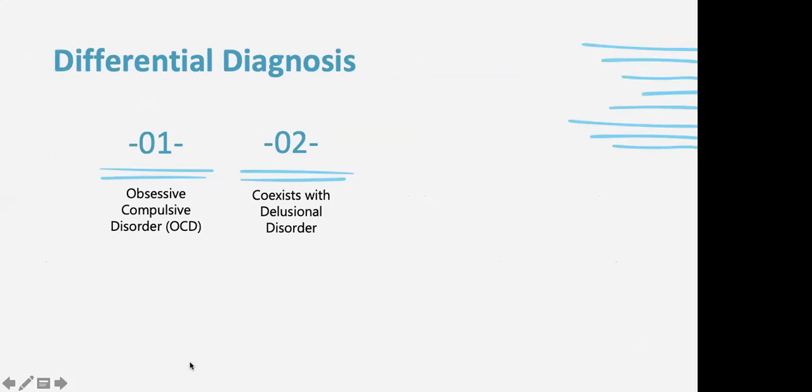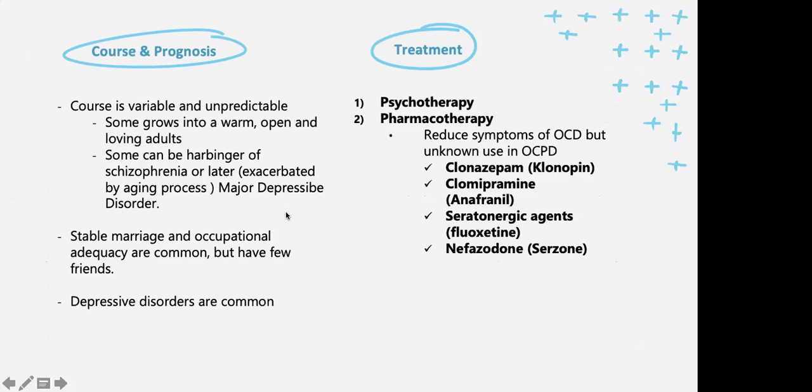For differential diagnosis, it is OCD, Obsessive Compulsive Disorder, and OCPD can also coexist with delusional disorder. For course and prognosis, it is variable and unpredictable. Some people grow into warm, open, and loving adults, but some can develop schizophrenia or later MDD.